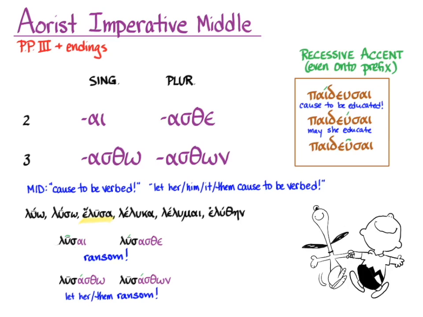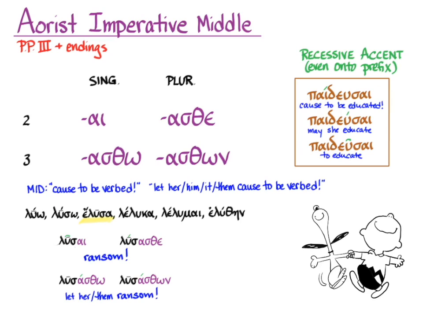So this is an active form, and that alpha iota at the end of the third person singular is long for the purposes of accent, and so recessive can only take the accent back to the second to last syllable. And the third example here, same letters, different accent, has that circumflex over the second to last syllable. So there, the alpha iota is short, but we've got fixed accent. And you may remember that that's the rule for the aorist infinitive active. And so paideusai means to educate.